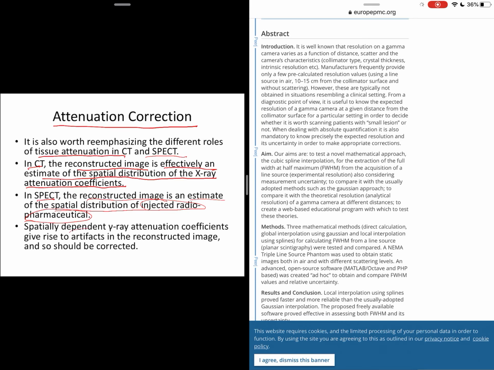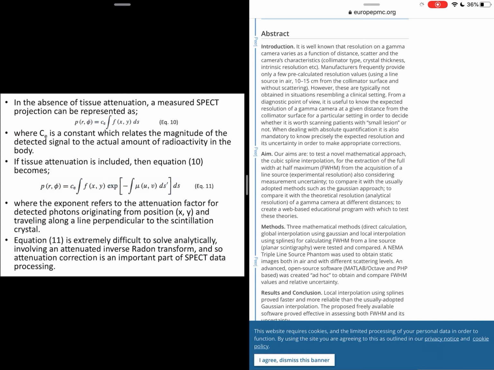But in SPECT, the reconstructed image is an estimate of the spatial distribution of injected radiopharmaceutical. The spatially dependent gamma ray attenuation coefficients will give rise to artifacts in the reconstructed image, so this should be corrected as well.